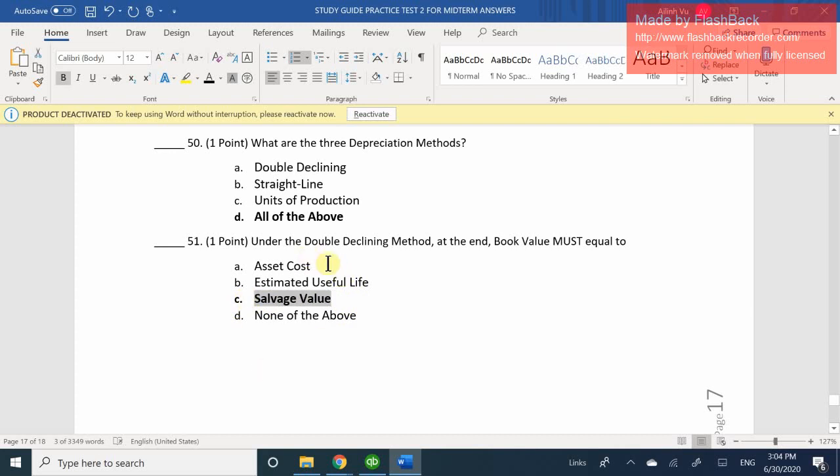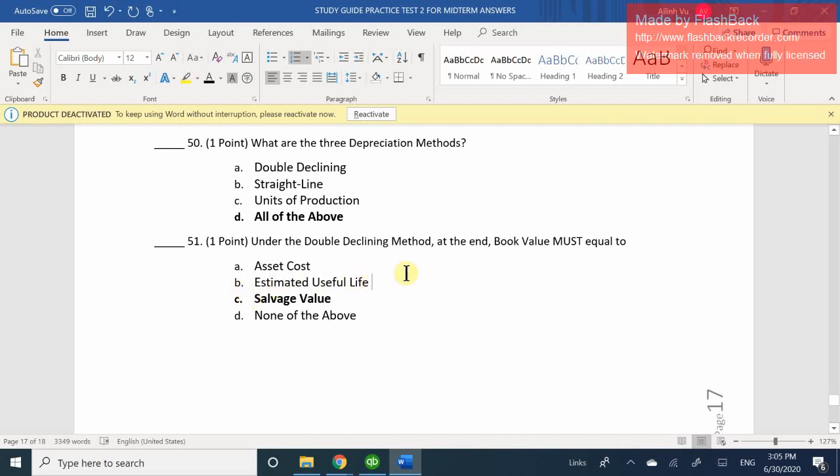Okay. Good. Now, book value in the very beginning will always equal your asset cost, but that's only the beginning when you haven't started depreciating it. But this question says at the end. Okay, so A is already eliminated. Estimated useful life. No, under double declining, we don't care. It is time sensitive, but you may or may not reach the end of the life, and this doesn't give you a value.